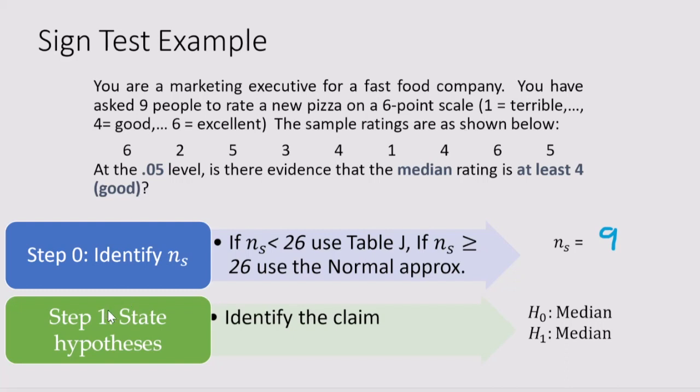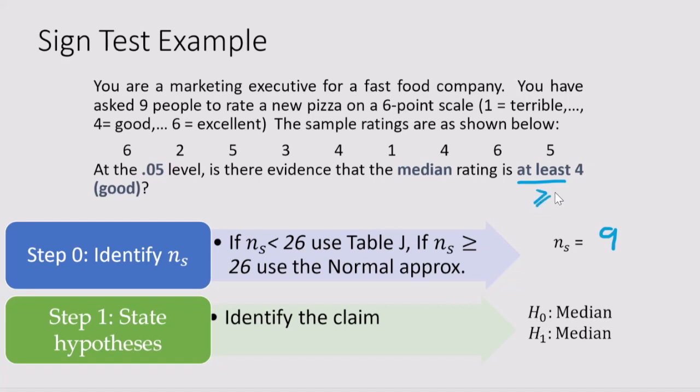So we have identified the sample size, and now we go to the first step, which is to state the hypothesis. Identification of the claim comes from the question itself. You are asked to find evidence of whether the median rating is at least 4. At least means greater than or equal to 4.